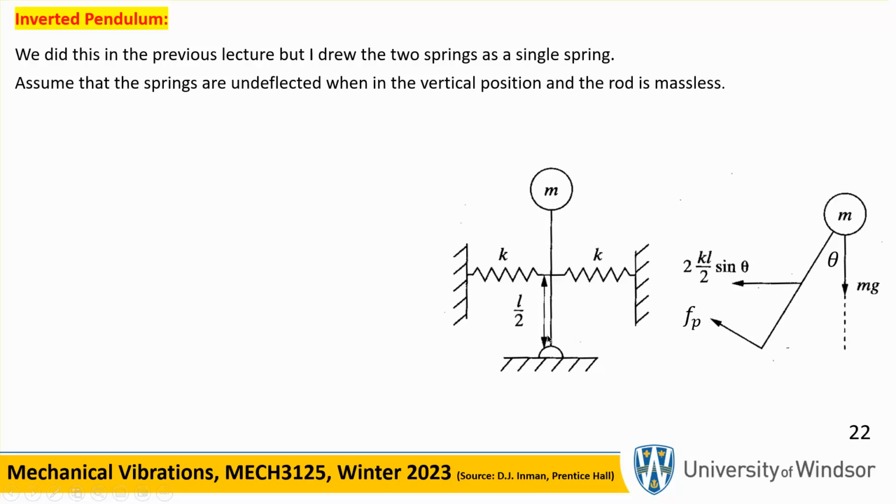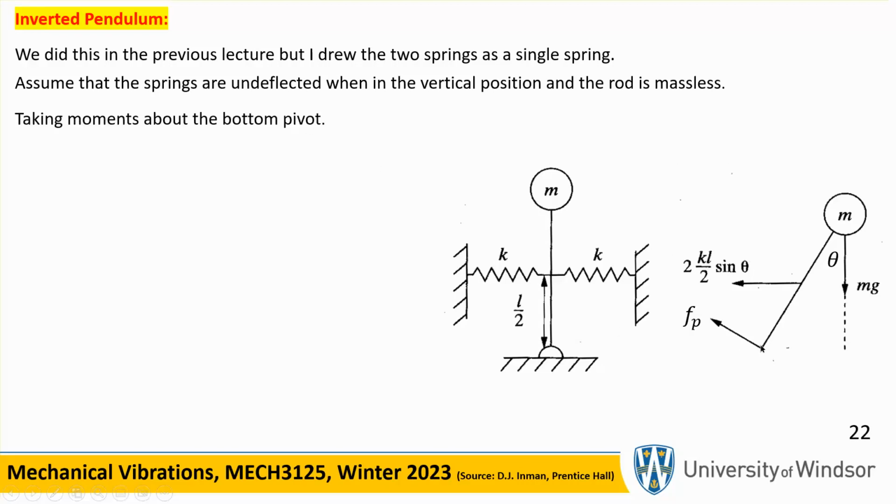Notice that it's L over 2 because that's a midpoint location. In the inverted pendulum that I did for you in class, I might have called this thing A. But anyway, the stretching or compression of the spring is L over 2 times sine theta, but for small angle, sine of theta is the same as theta, so I'm going to replace this with theta.